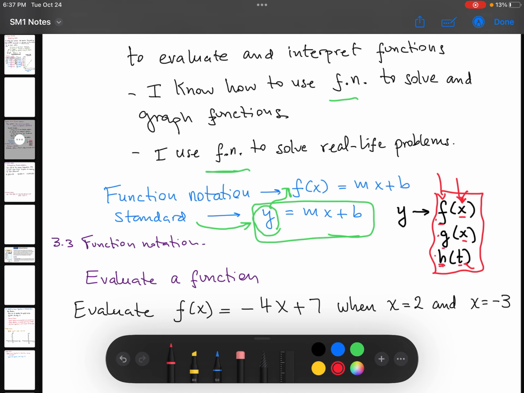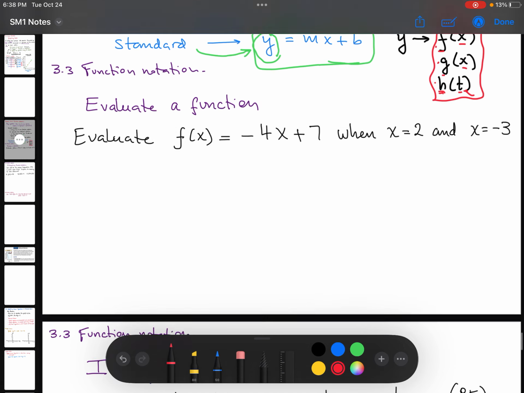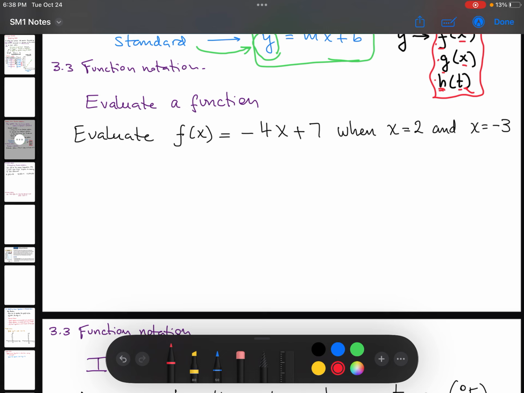Okay, so now we're going to look at how we can evaluate functions using function notation. So here we are. We have the function f of x, in other words, y, equals negative 4 times x plus 7. What is the meaning of this? So, if you imagine the machine, remember the machine we had at the beginning?